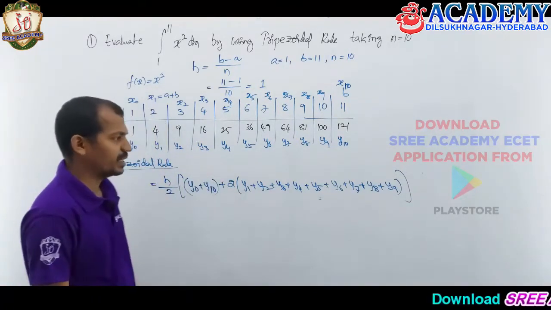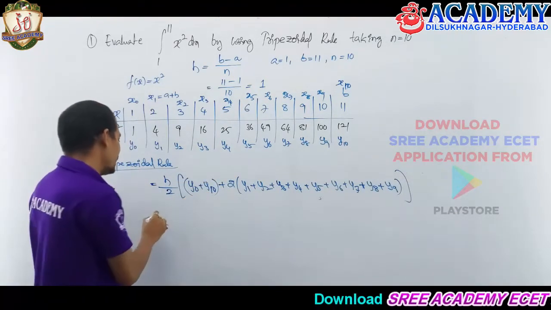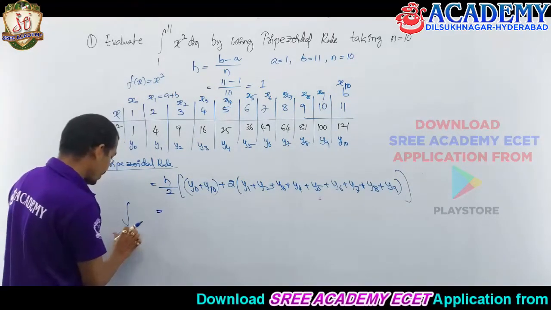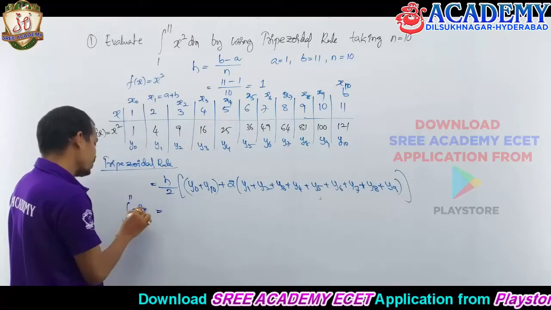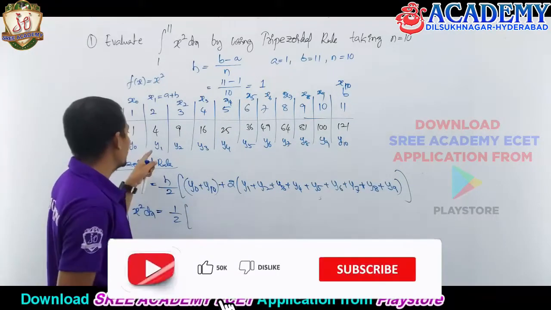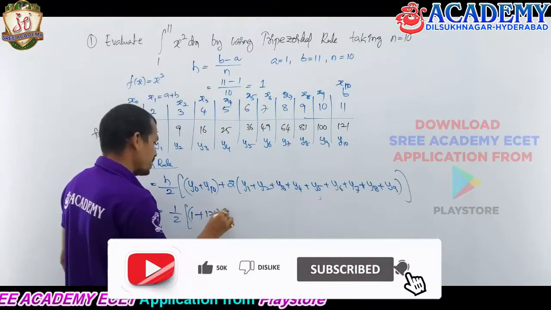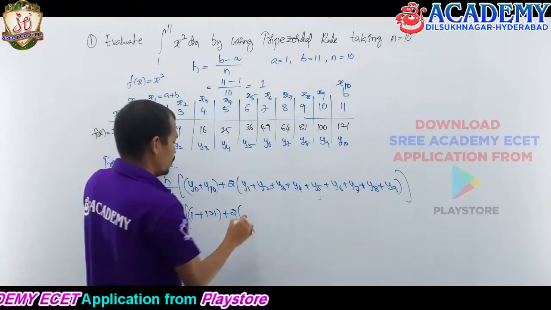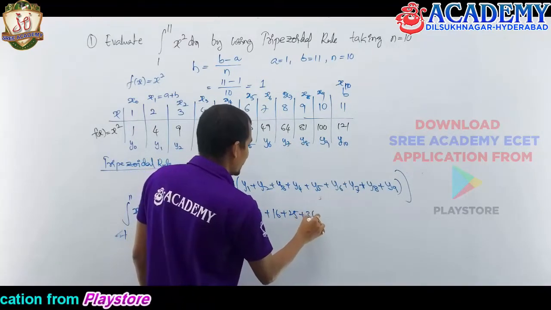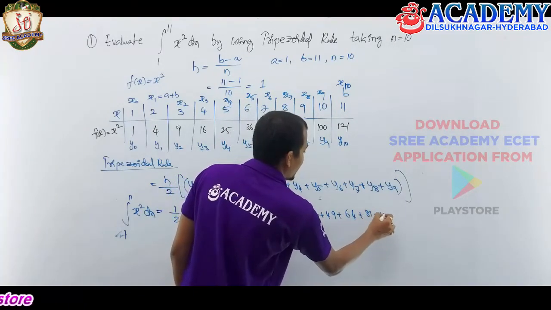Here the integral 1 to 11 x square dx, the h value is 1 divided by 2, y0 is 1, y10 is 121, plus 2 into 4 plus 9 plus 16 plus 25 plus 36 plus 49 plus 64 plus 81 plus 100.